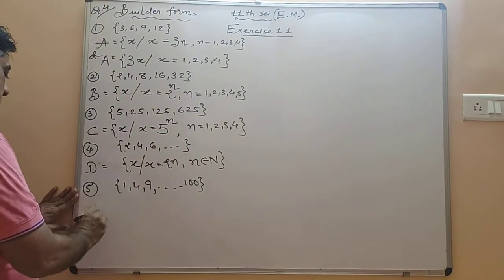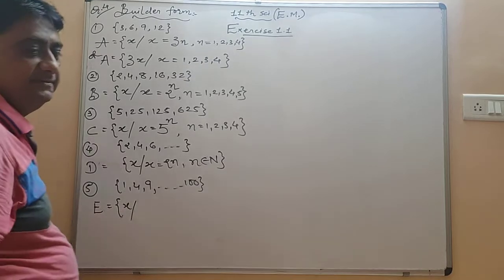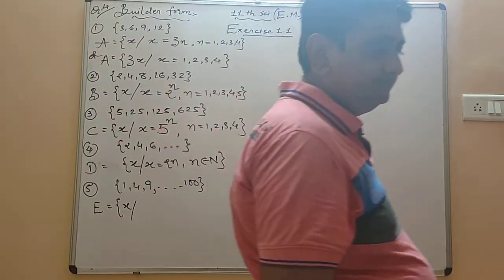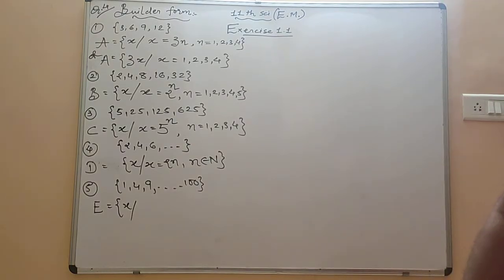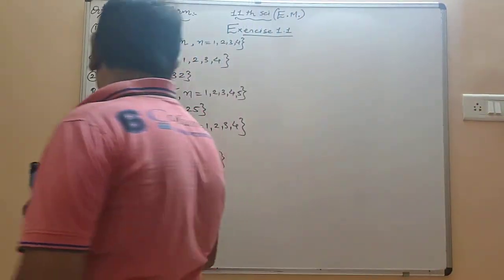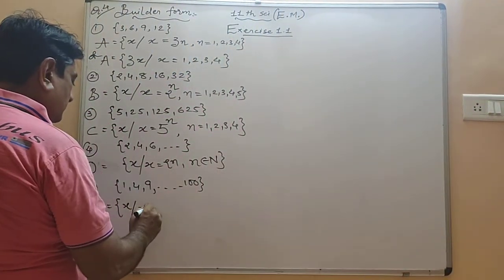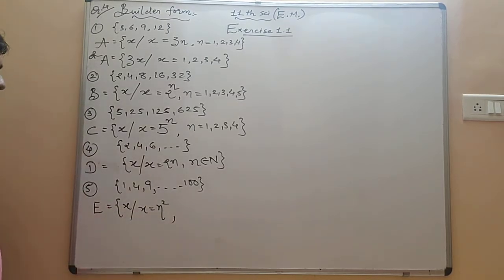So it is set E, X such that X is a perfect square, X is equal to n square. What is the n value?